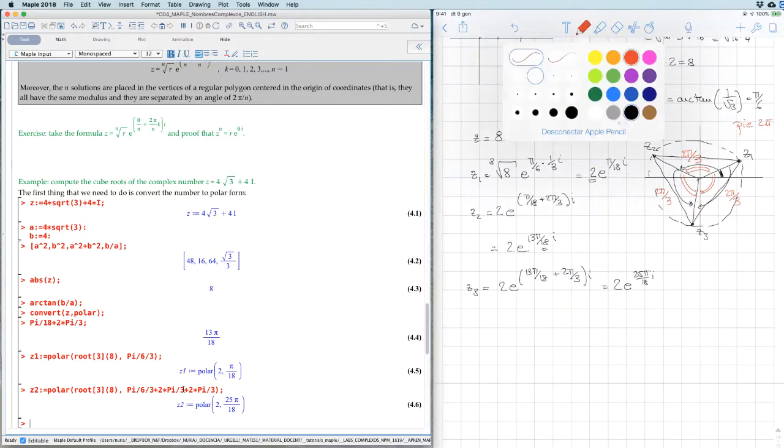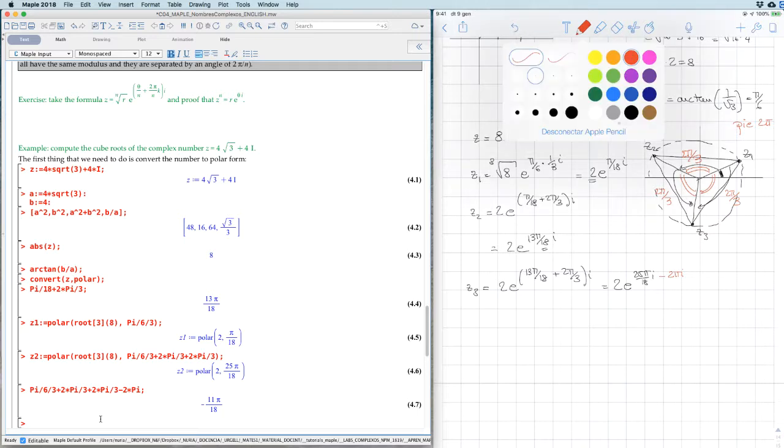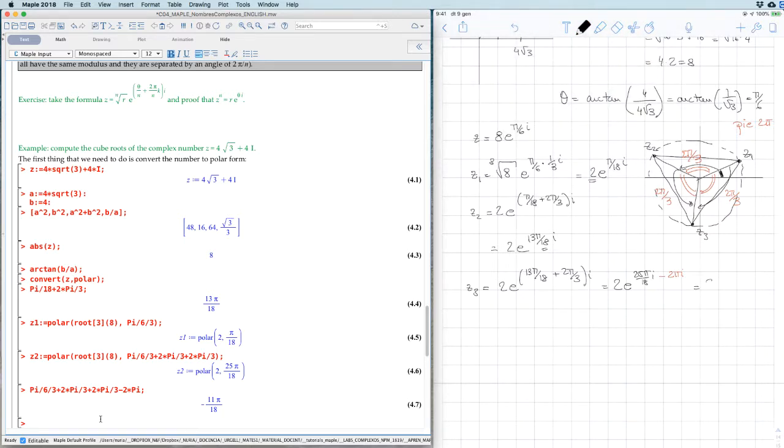So this is not the principal argument, so I can subtract 2 pi to get the principal argument if I need it. So I subtract 2 pi, and what I get in the end is 2 e to the power minus 11 pi over 18 i.